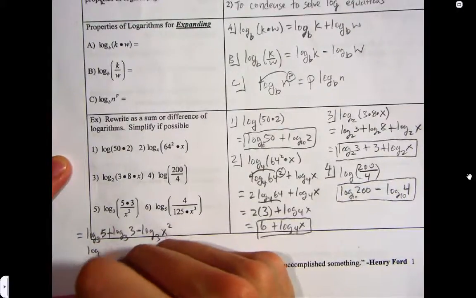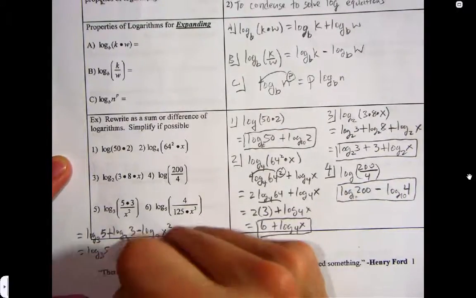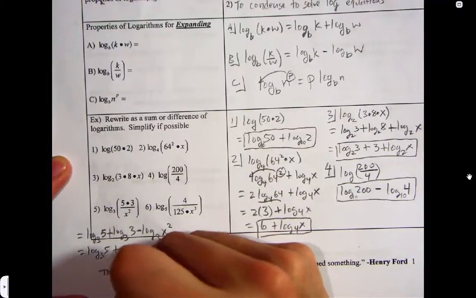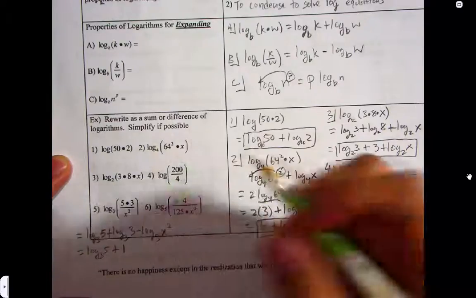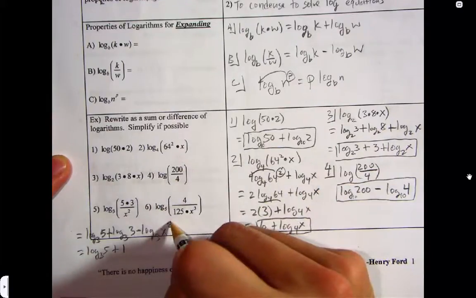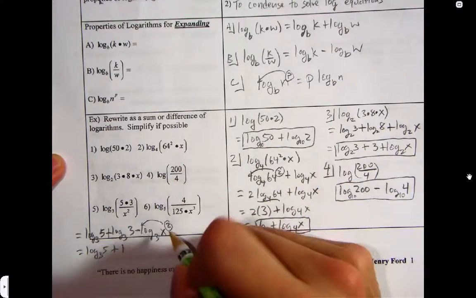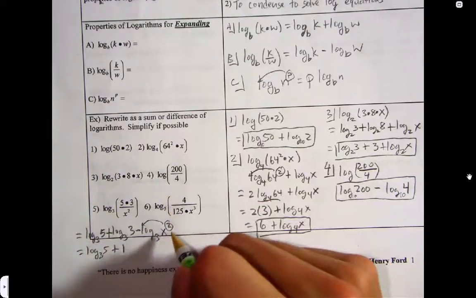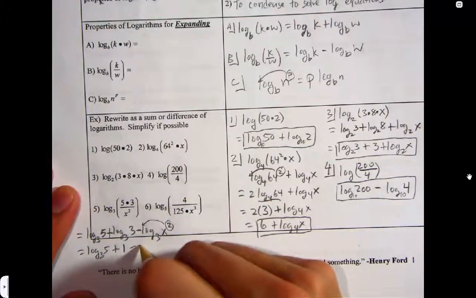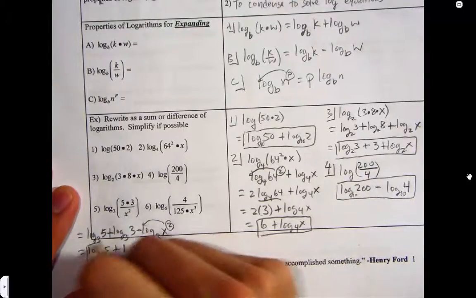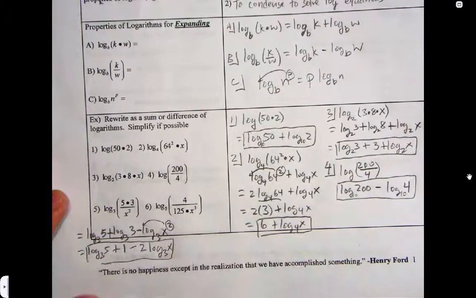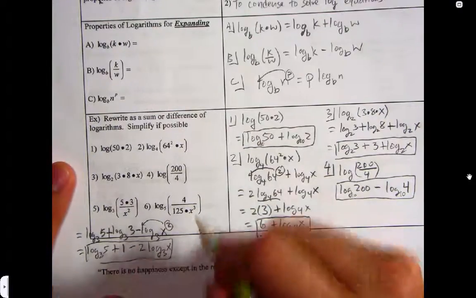I don't know, so log 3 of 5. 3 to the 1 gives you 3, so this turns into 1. 3 to what gives you x? Don't know. This 2 I have to bring to the front, because anything to the power you can rewrite as multiplication. And that's our answer.